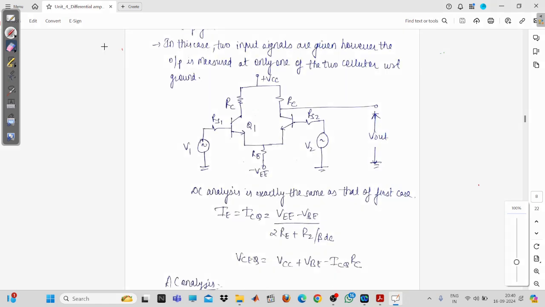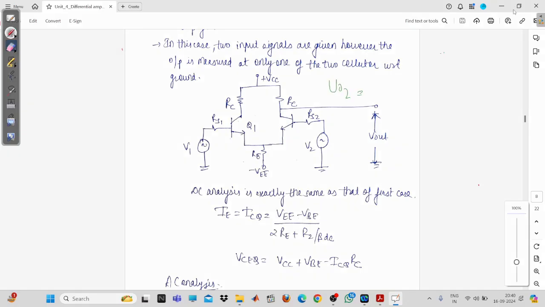Similarly, if you calculate the voltage gain, how are you going to calculate it? For calculating the voltage gain you will have to perform the AC analysis, and at that time Vout will be equal to what? Can you please comment on it? This is IC2 into RC.